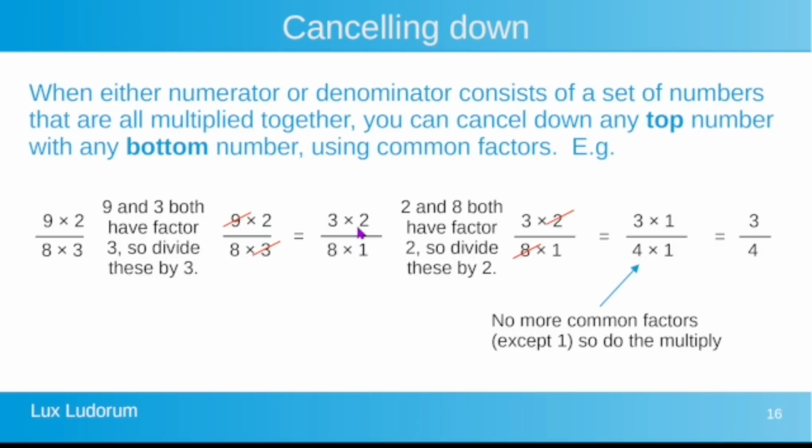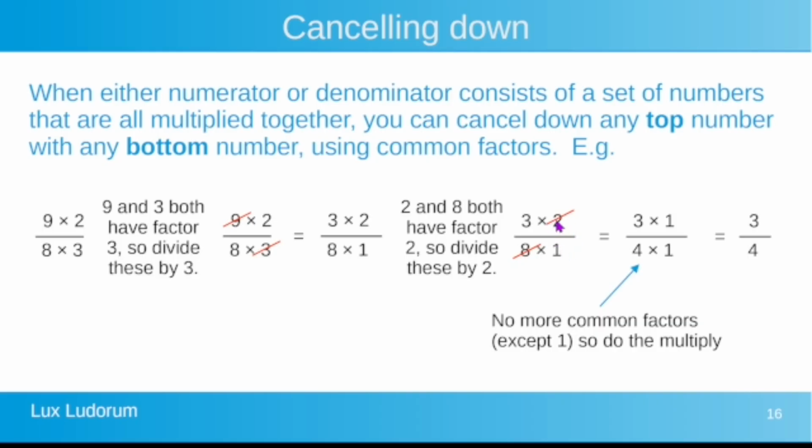And we see that both 2 and 8 have a common factor of 2. So we can divide both of these numbers by 2. One's got to be on the top, one's got to be on the bottom for this to work. Can't do this with two numbers on the top or two on the bottom. But here we go.